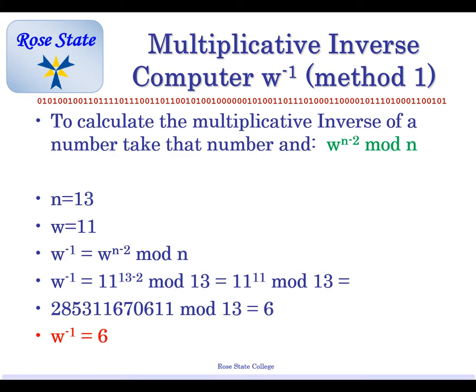The way you read this, w to the minus 1, is not like you would do in math. This is considered the multiplicative inverse. It's not quite that, but it's close enough.